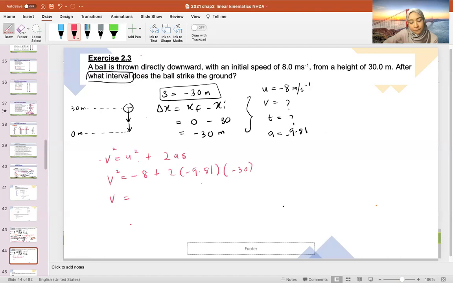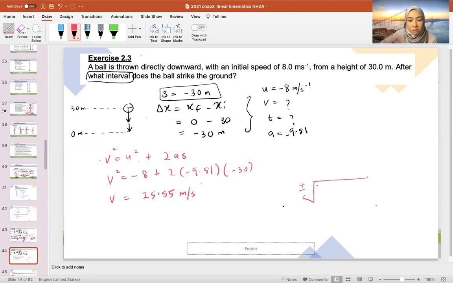What did you get for V? V squared, V is 25.55. Okay. Positive or negative? I got positive. Okay. So remember I told you quadratic always has a positive and a negative. Square root also has positive and negative.